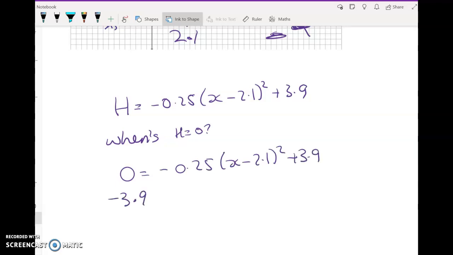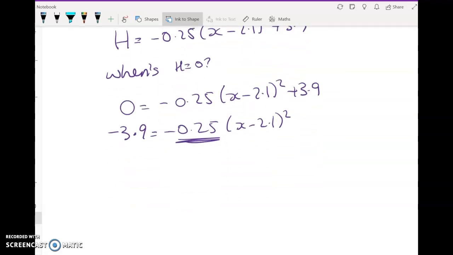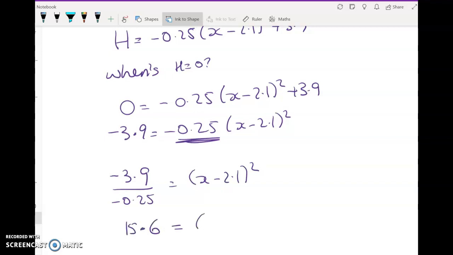Negative 3.9 is equal to negative 0.25 times x minus 2.1 squared. Now I'm going to divide both sides through by this. We get negative 3.9 divided by negative 0.25 is equal to x minus 2.1 squared. This gives me 15.6 is equal to x minus 2.1 squared.